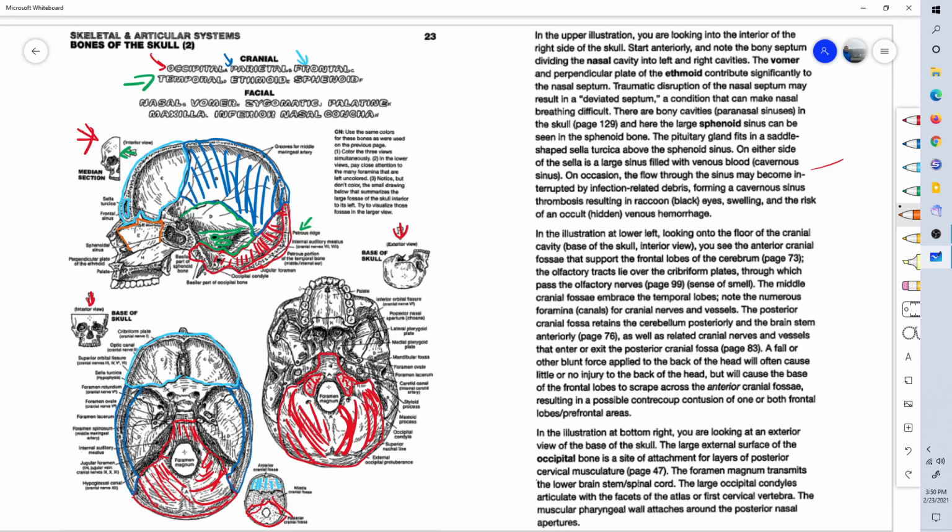The sphenoid, or the ethmoid bone, has a perpendicular portion, an up and down portion, that makes up the nasal septum, the part of your nasal area that divides your nose into the right and left side, right here.